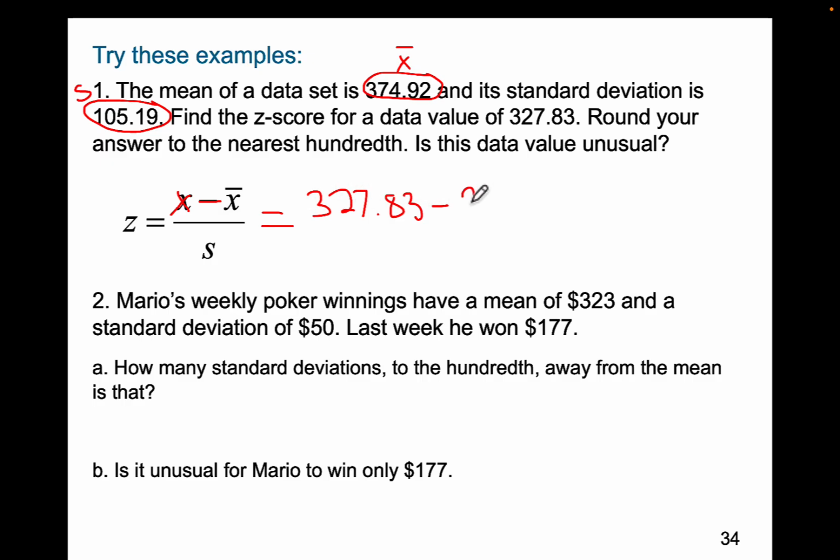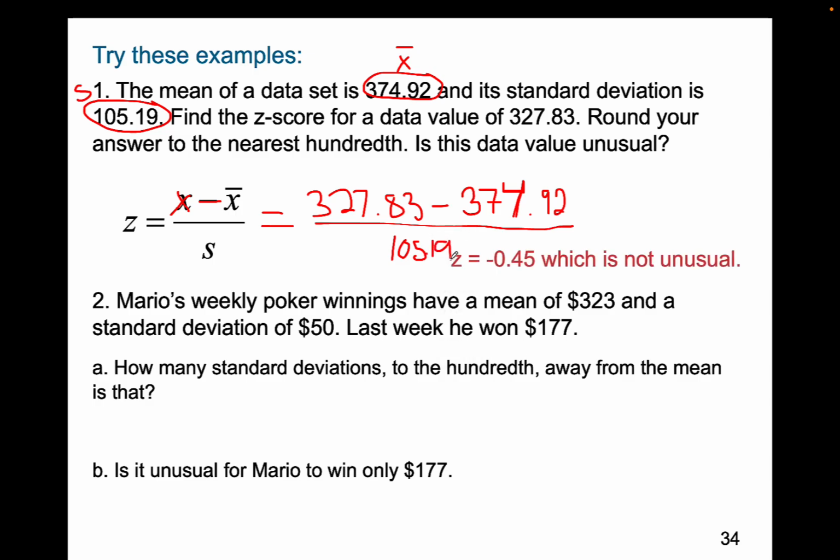So we subtract it from the measure of center called the mean, 374.92, and then divide by standard deviation, 105.19. And we get a z-score of negative 0.45.